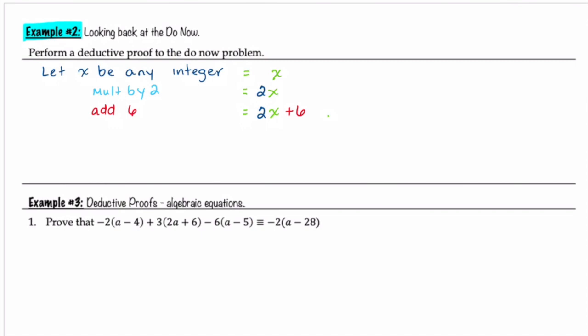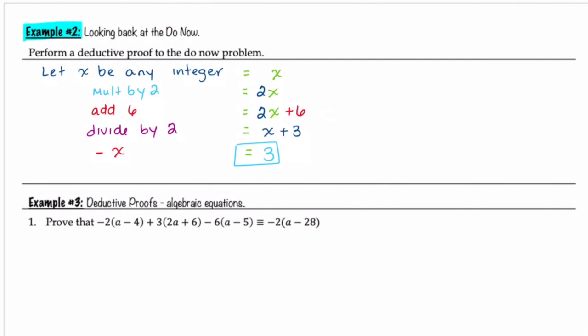Then I said divide by 2. If I divide everything by 2, I would get x plus 3. And last thing I said is subtract the original number. If I subtract x, I would get 3. And that is how I knew your answer would be 3.